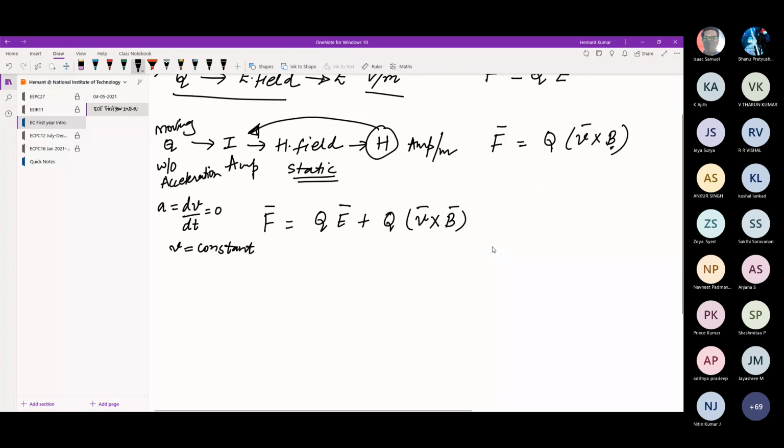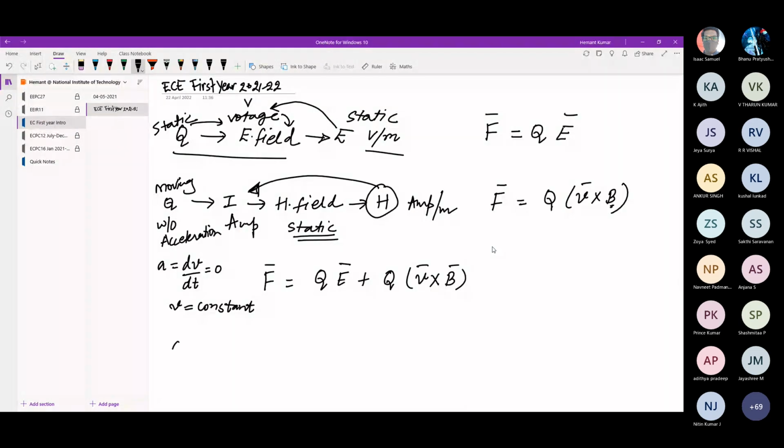But if our charge is moving with acceleration, with dv by dt not equal to zero, that means non-uniform velocity. Here dv by dt will not be equal to zero.